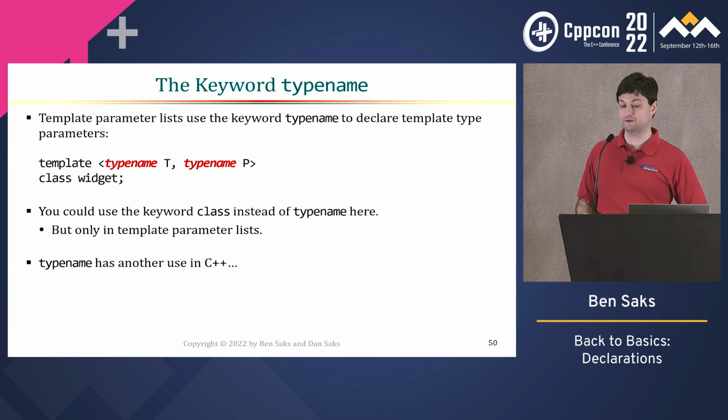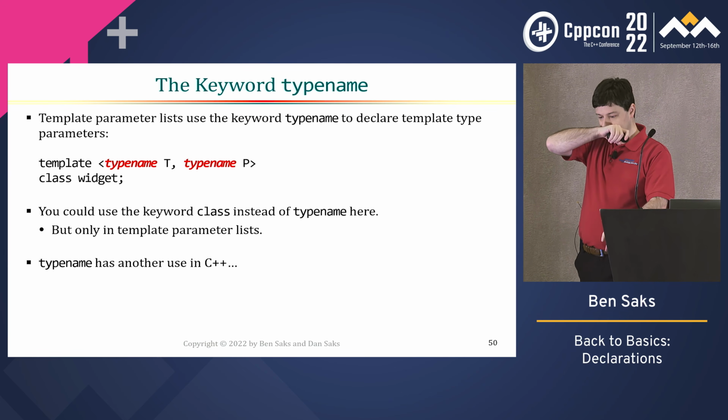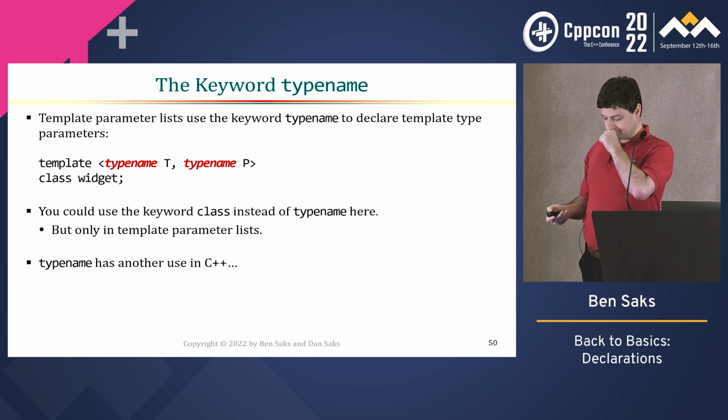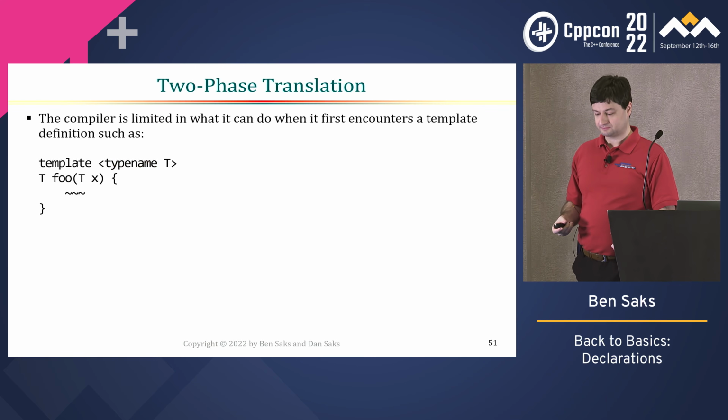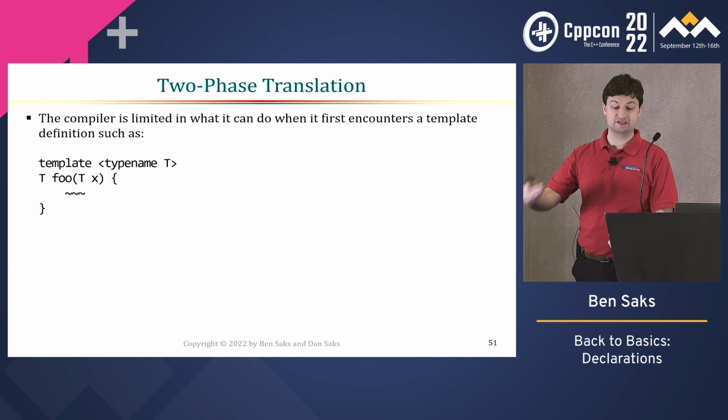There's another use for typename where only typename will do. And that's what I'm about to explain here. All right, so the compiler processes templates in two phases, as we say.